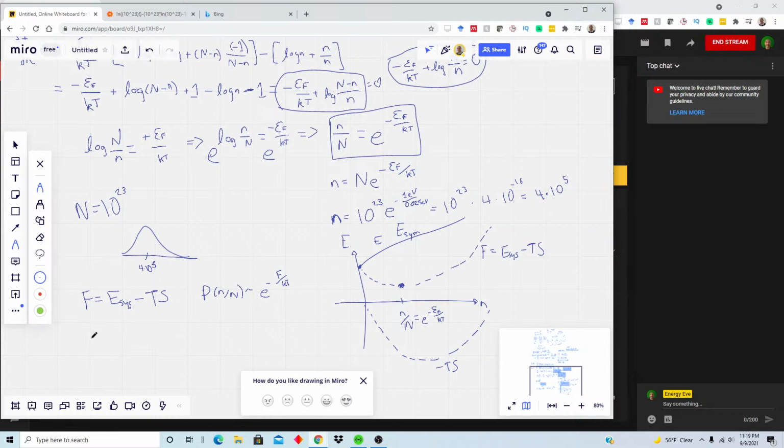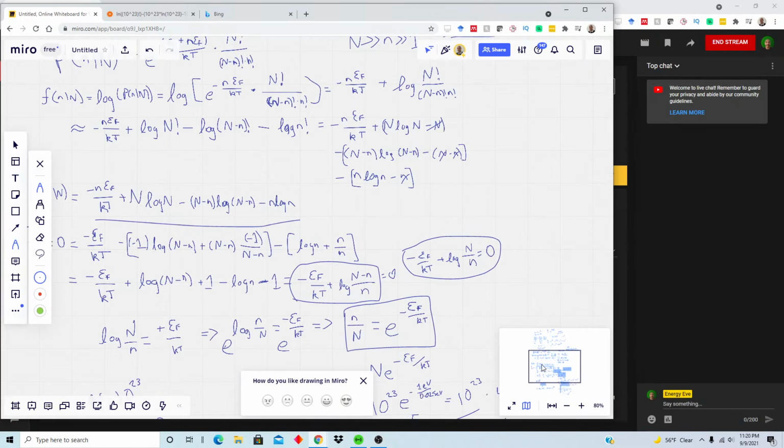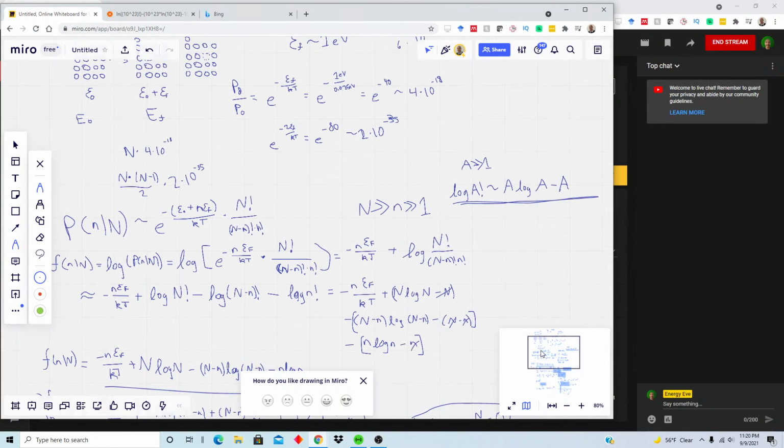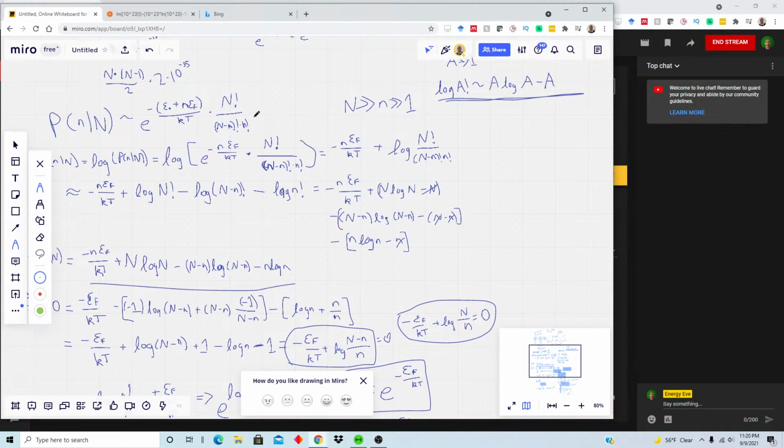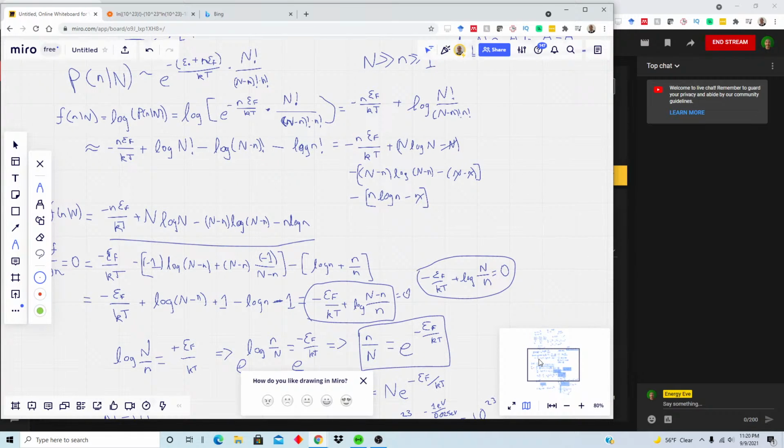He basically had it go something like this, where we had calculated this. We basically had approximated this value here.